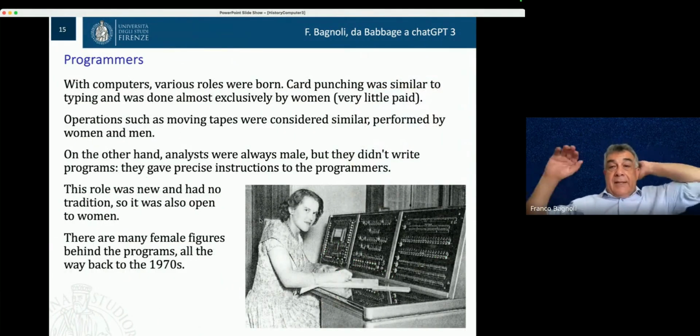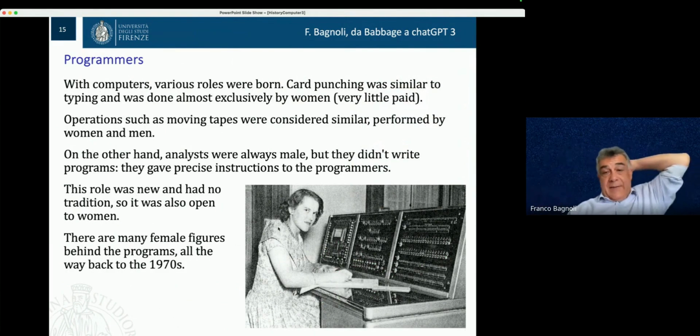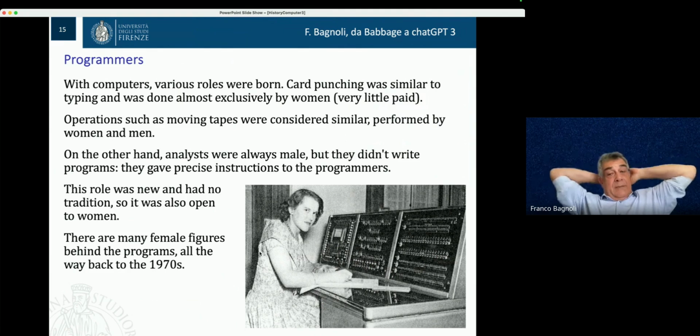Okay, and as I anticipated, women also, from the era of ENIAC, because at the beginning of computation women were used as human calculators, and also at the time of ENIAC they were used as programmers.